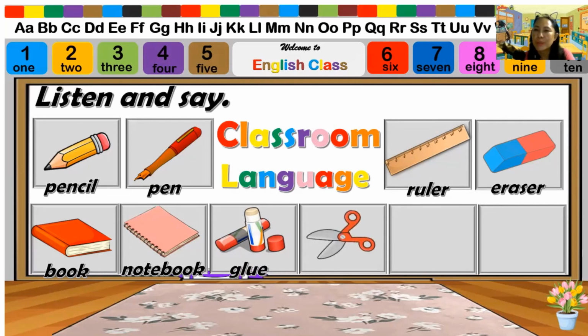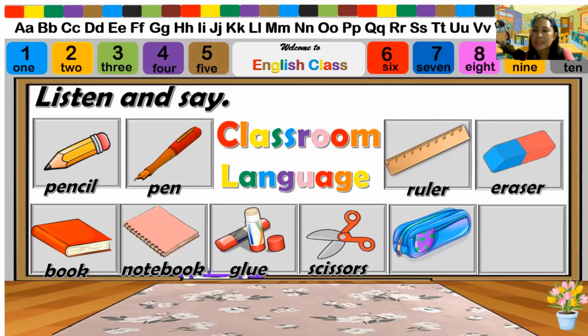Okay, what do you want to borrow? That's right, scissors. Okay, so how are we going to ask if we want to borrow scissors? That's correct. May I borrow your scissors, please? Okay, so what are you going to borrow?